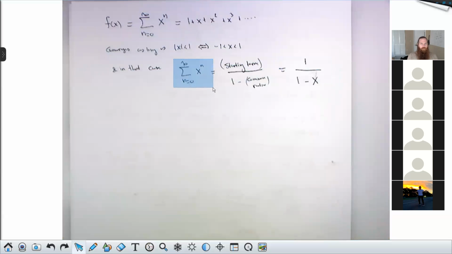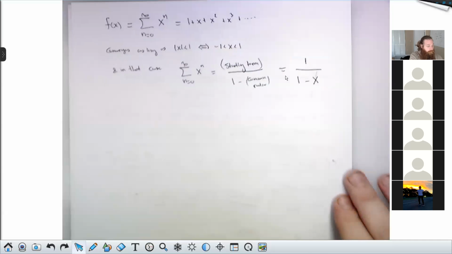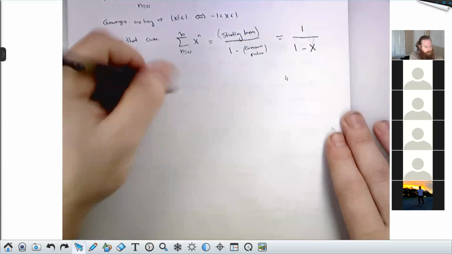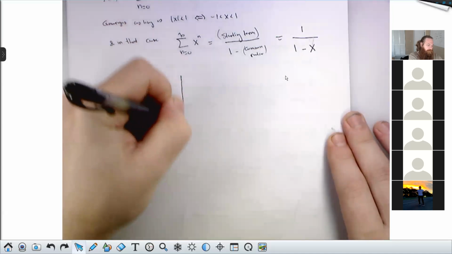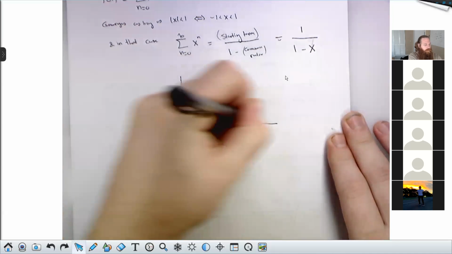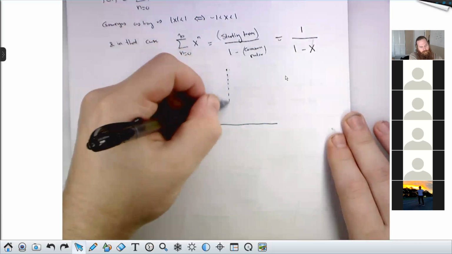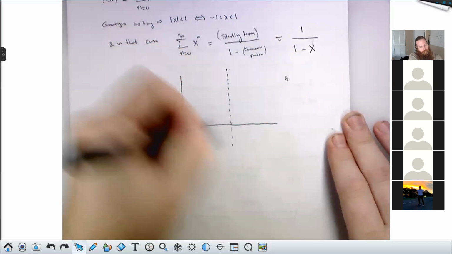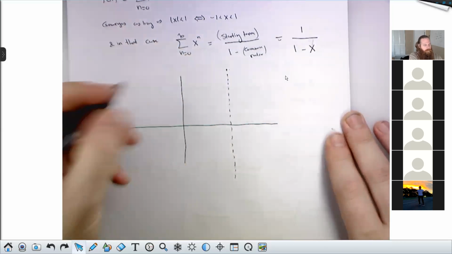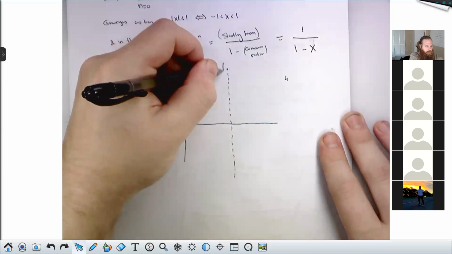So this power series for x values between -1 and 1 converges to this function. In other words, the graph of this series is a part of the graph of 1 over 1 minus x. 1 over 1 minus x has a vertical asymptote at x equals 1.